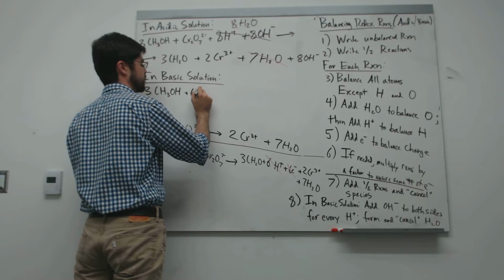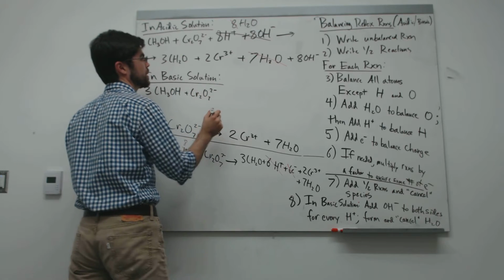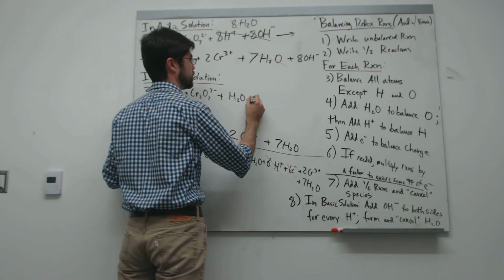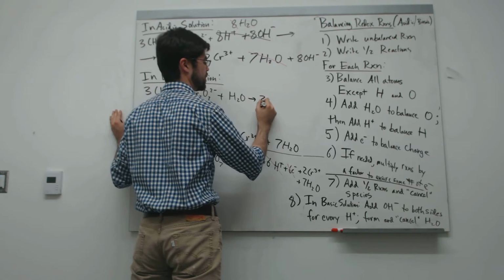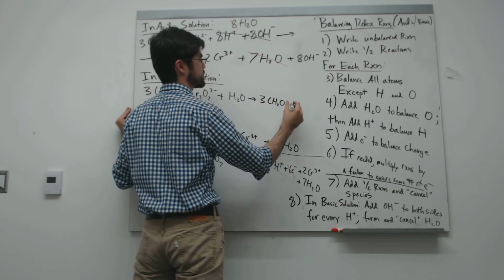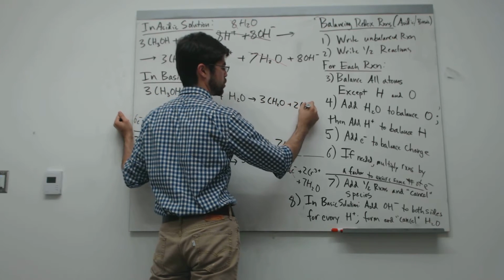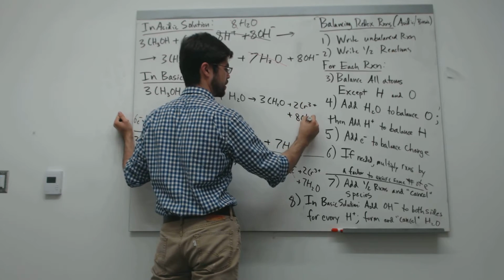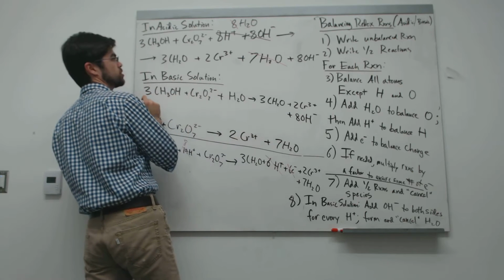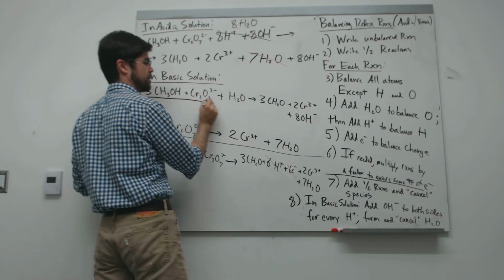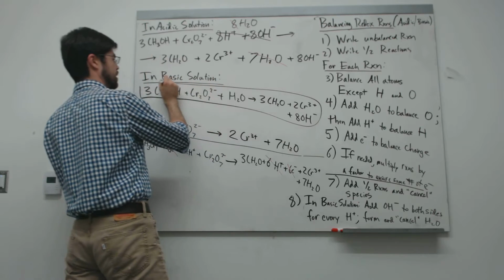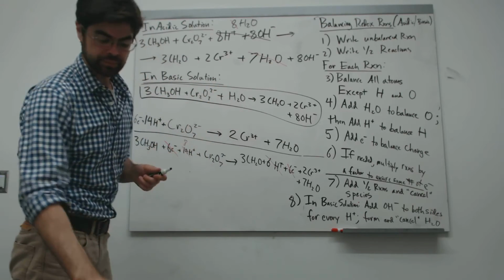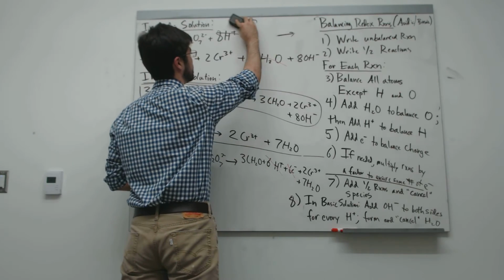3CH3OH plus the dichromate ion plus that one remaining water molecule turns into 3 methanol molecules plus 2 chromium-3 ions plus 8 hydroxide ions. So that was the balanced chemical equation if I did it in basic solution, and if I did it in acidic solution, it would have been this reaction.